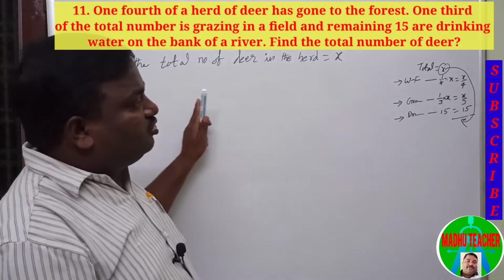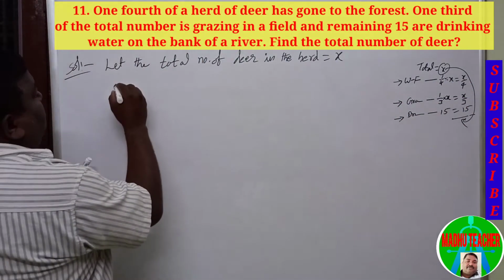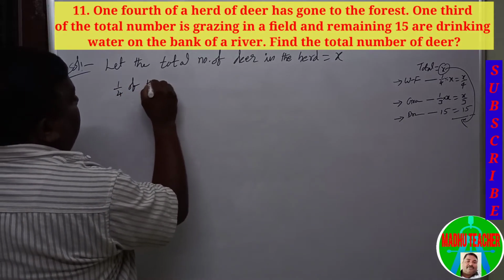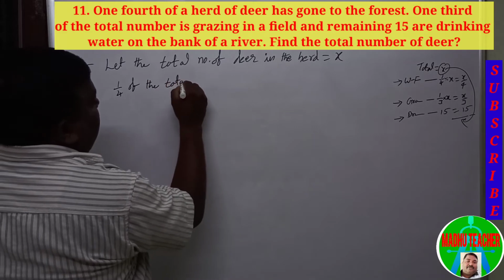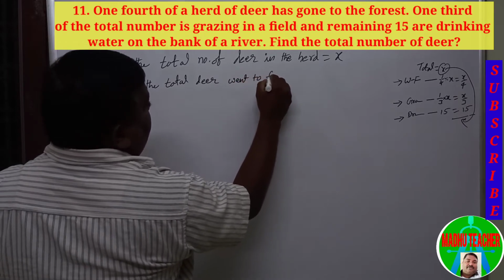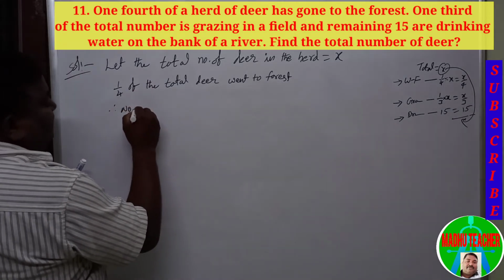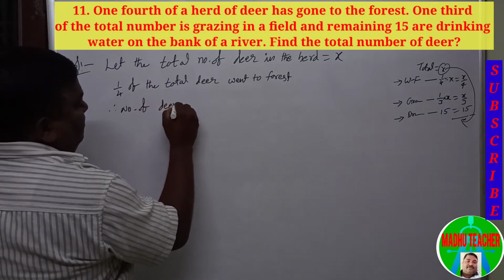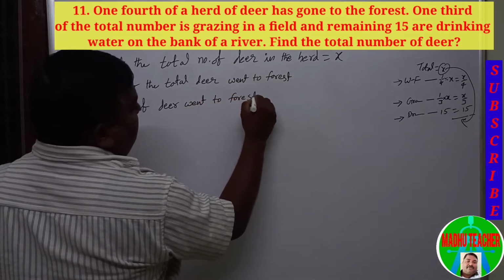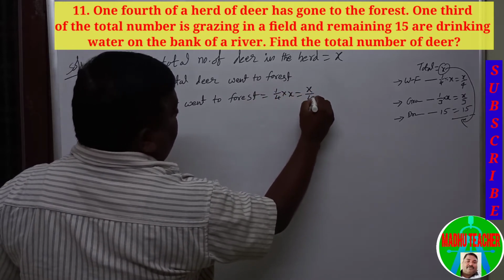Okay, how many deer went to the forest? 1/4 of the total deer went to the forest. Therefore, the number of deer that went to the forest equals 1/4 into x, that equals x by 4.